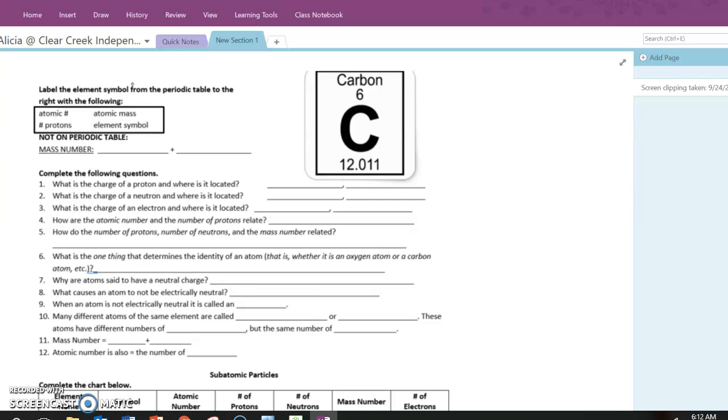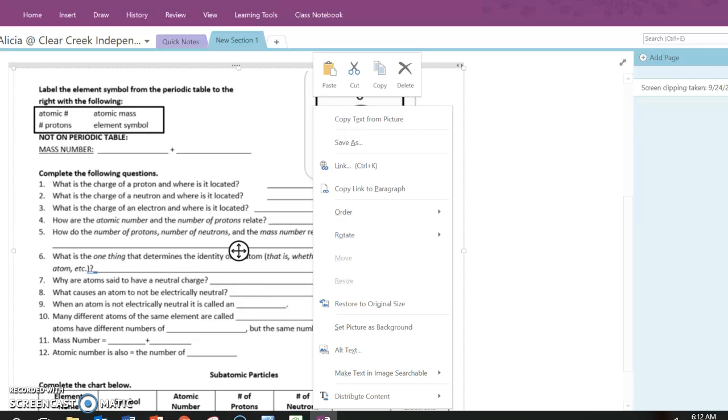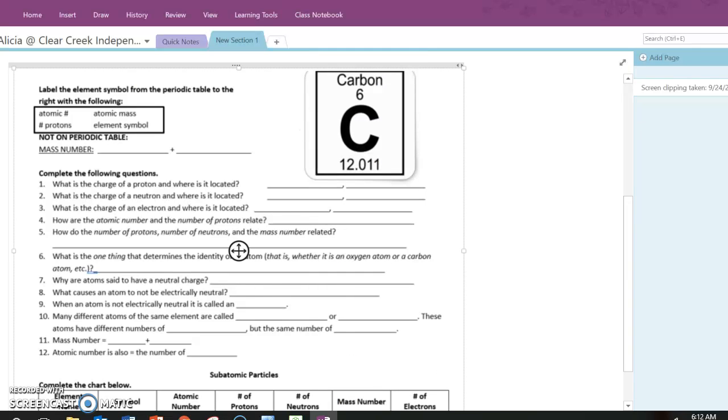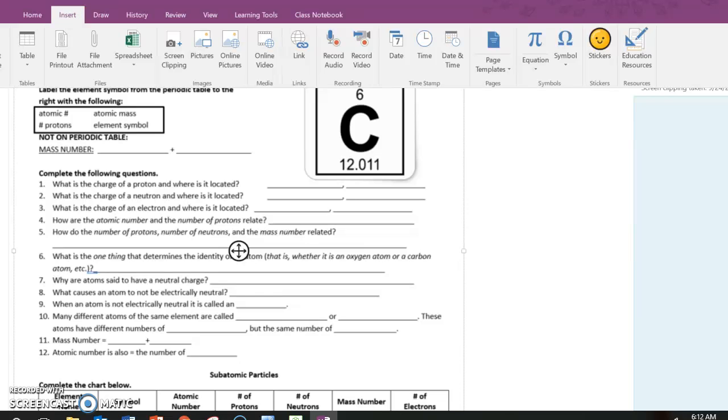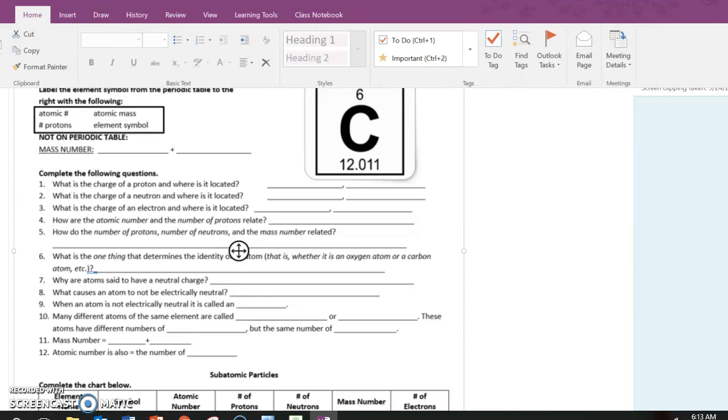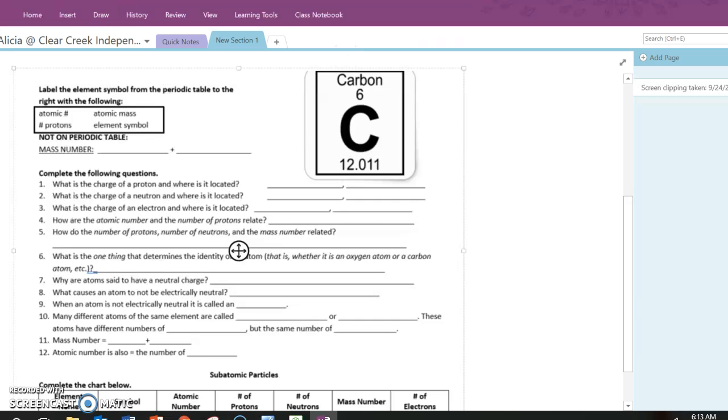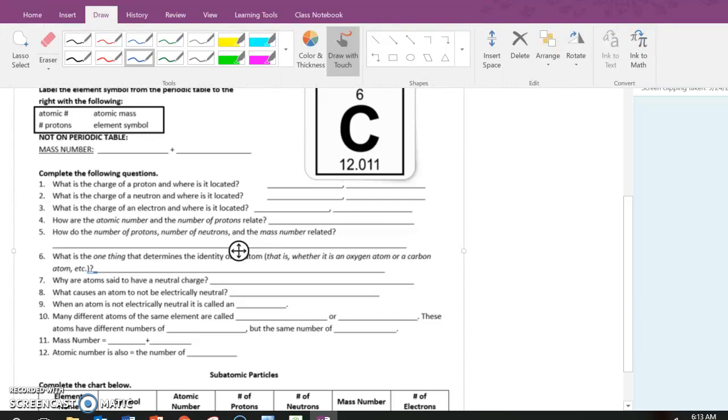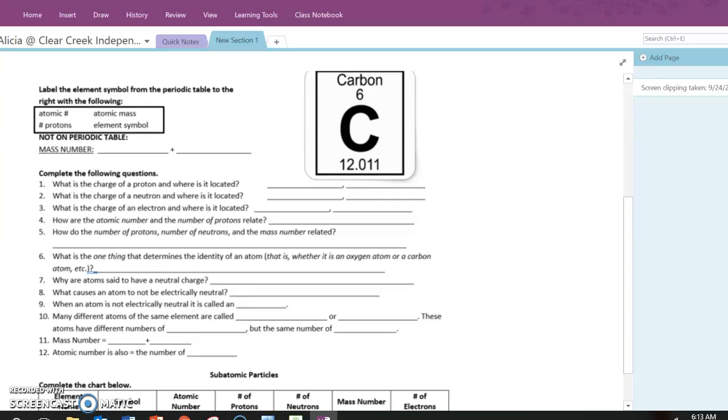So this is a symbol from the periodic table. Let's use blue. This is for the element carbon.